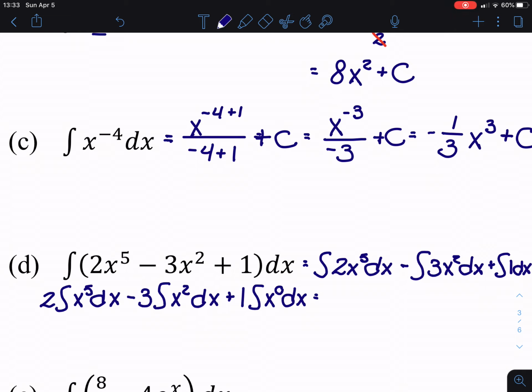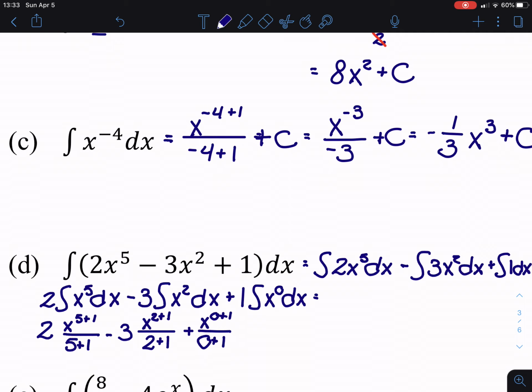Okay. So I have 2 times x to the 5 plus 1 over 5 plus 1, minus 3 times x to the 2 plus 1 over 2 plus 1, plus x to the 0 plus 1 over 0 plus 1, plus c.